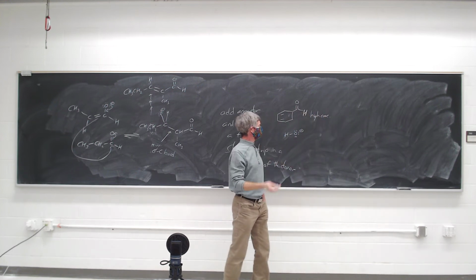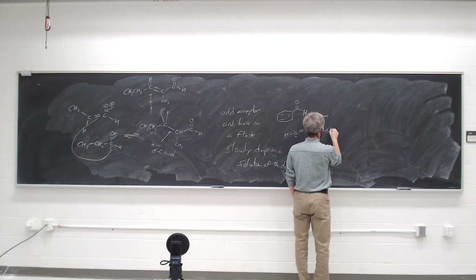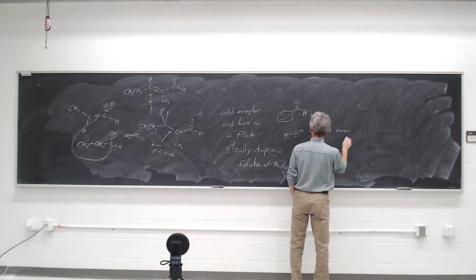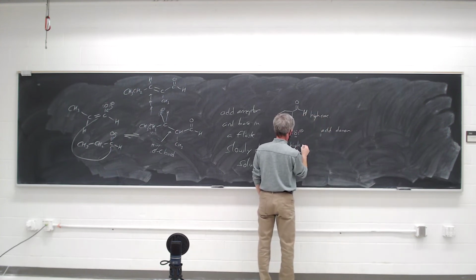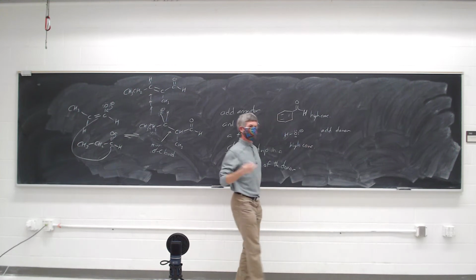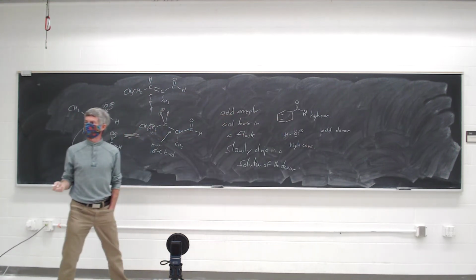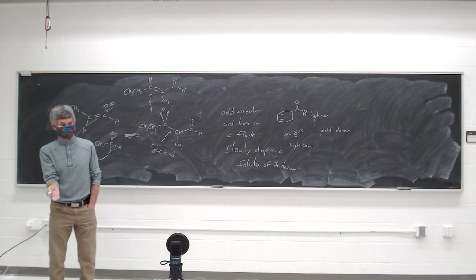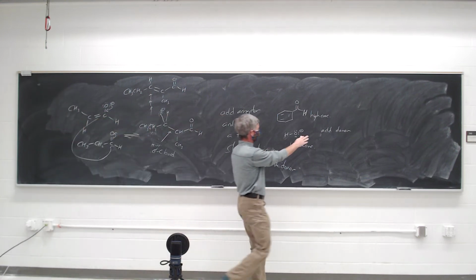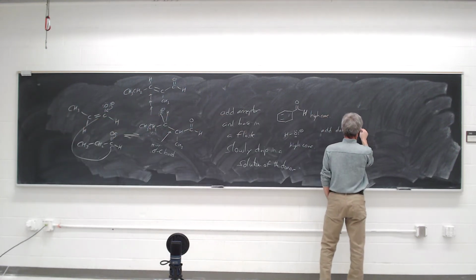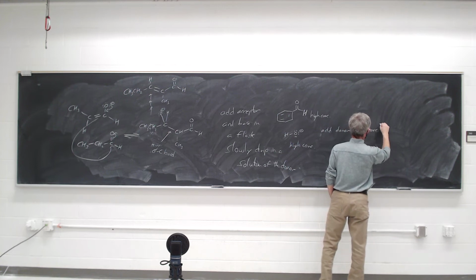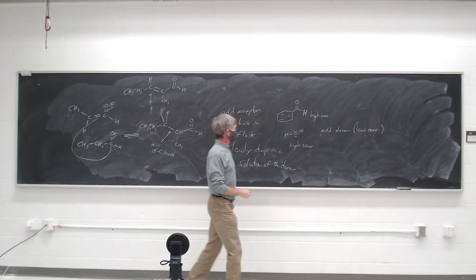So when you add your donor, and in this case, we don't usually run it with catalytic quantities of hydroxide. We usually have lots of hydroxide. So when you add your donor, right, you're adding it slowly, so it's in low concentration.